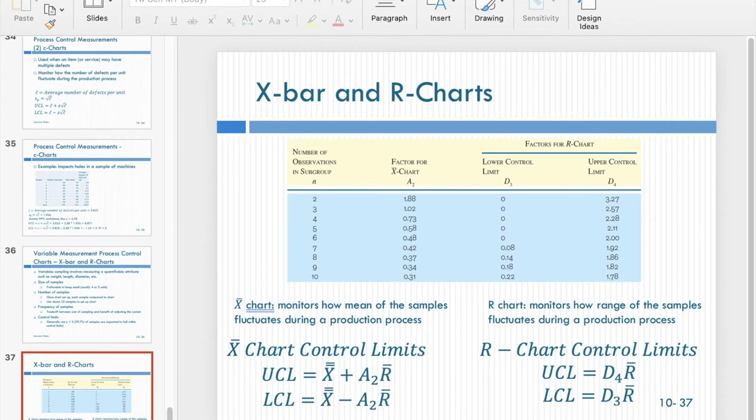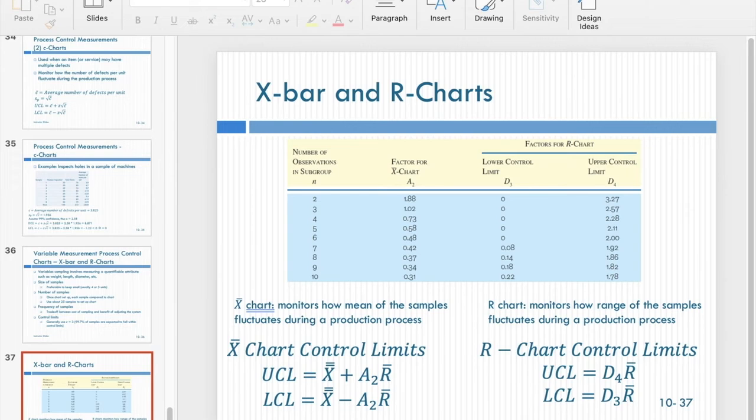Here, for the control limits, no matter whether it's the X bar chart or R chart, we're still trying to build the upper control limit and lower control limit in order to build the process control chart, right? But here we have the corresponding equations. In the X bar chart, the upper control limit is based on X double bar, A2, and R bar.